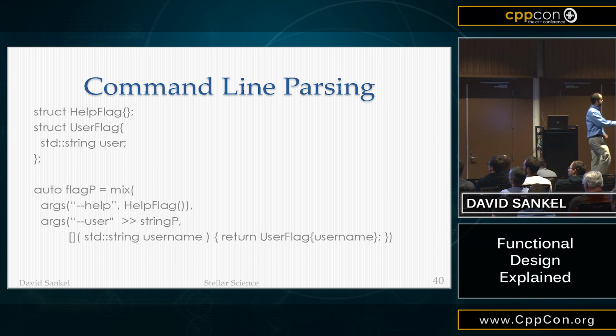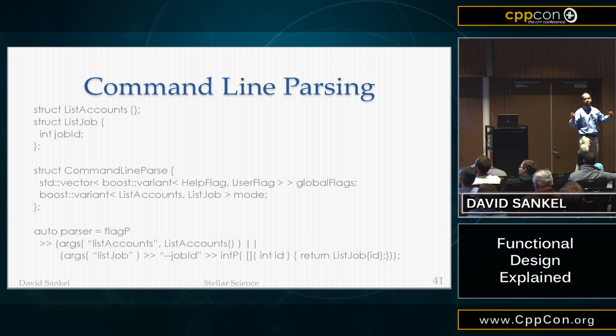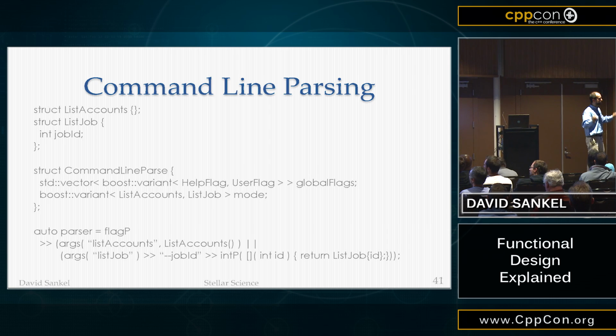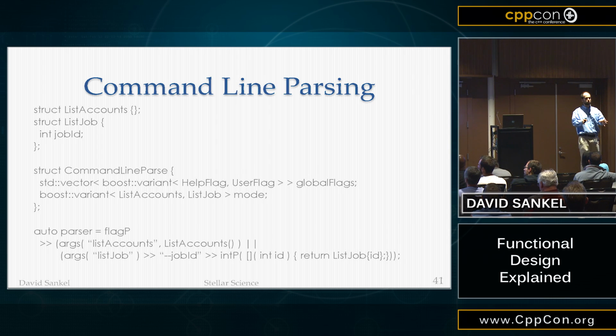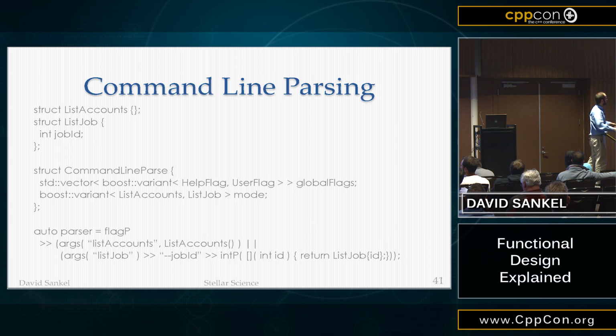Expanding upon this a little bit, let's say you have your list accounts mode. Git is a good example of a command line program that has different modes. Only if you have a certain mode open, like git submodule, will you get certain options available for you. We have our total command line parse. This is the result of all the command line parsing. First you have your global flags. We already had a previous parser which handled that.